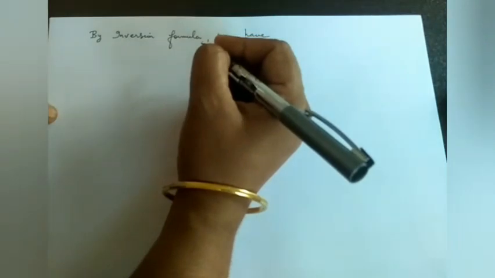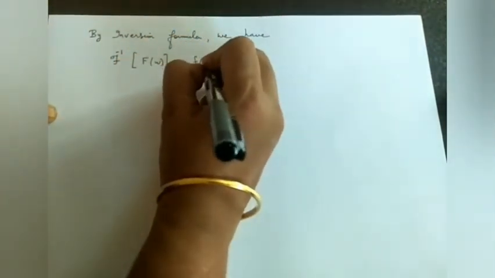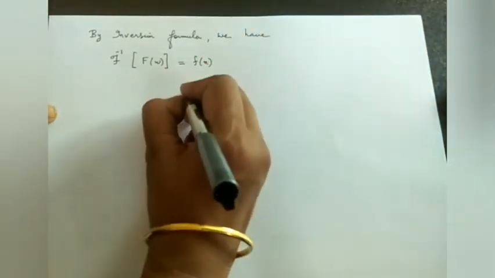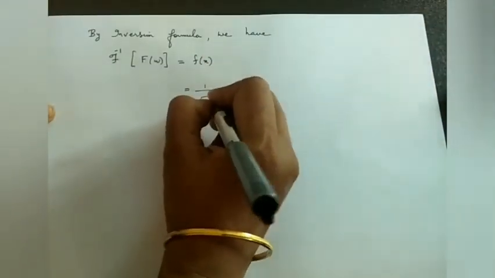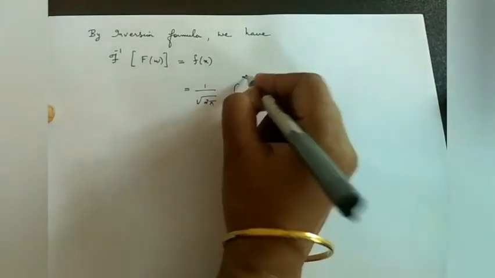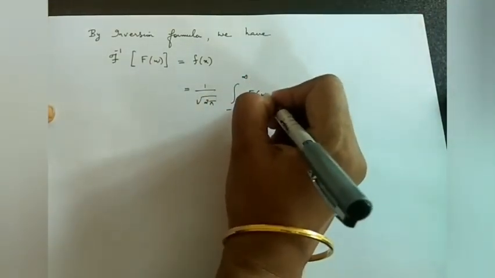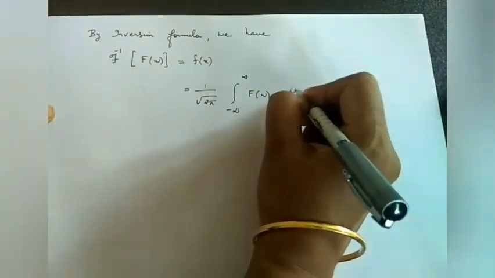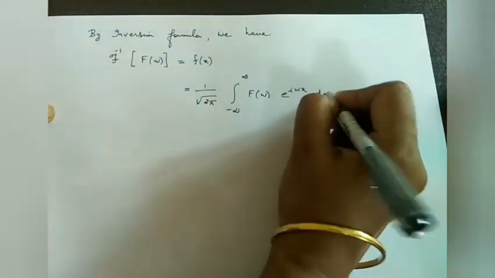For that we'll apply the inversion formula, that is Fourier inverse of F omega is equal to f of x. That is equal to 1 by root 2 pi, the formula is 1 by root 2 pi, from minus infinity to infinity, F omega e raised to I omega x d omega.